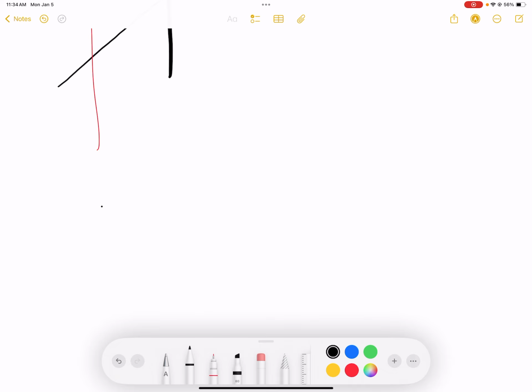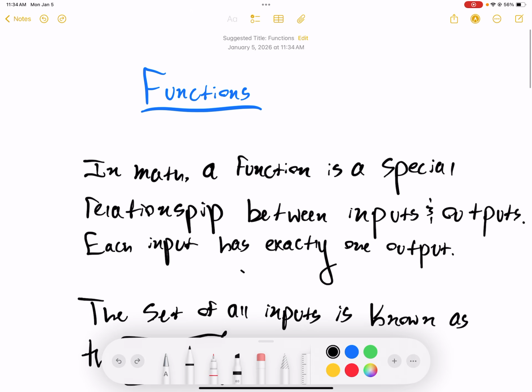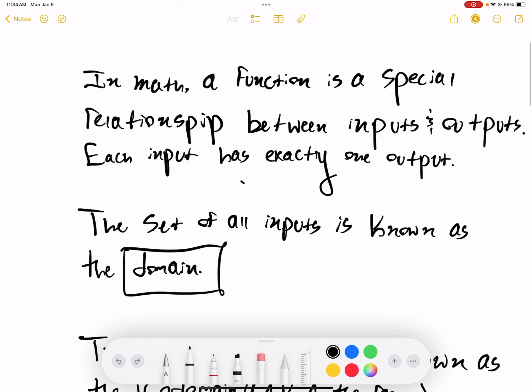There is the domain of a function. Actually, I don't need to rewrite it because it's already written. So the definition of a function first, let's start there. In math, a function is a special relationship between inputs and outputs. Each input has exactly one output.